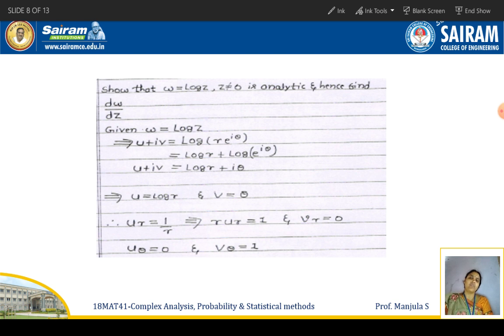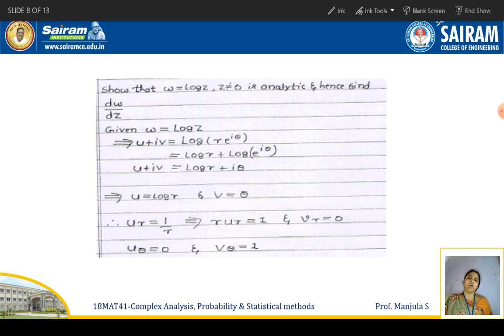With the help of the log property, log mn can be written as log m plus log n, we can write this as log r plus log e to the power i theta. And with one more property, log m to the power n is n into log m, we can write that term as just i theta. So u plus iv becomes log r plus i into theta. By comparing LHS and RHS, u is log r and v is theta.